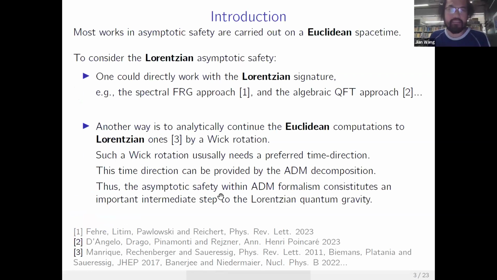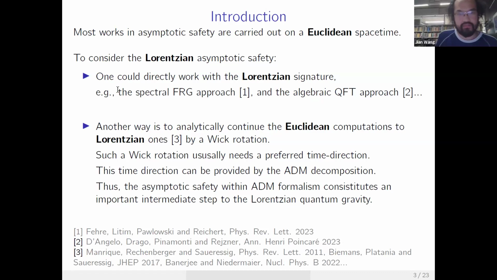Okay, so let's start with the introduction. Most works in the asymptotic safety program are carried out on a Euclidean spacetime. To include the Lorentzian signature in the asymptotic safety program, there are usually two ways to do that. The first way is that one could directly work with the Lorentzian signature or Lorentzian spacetime.